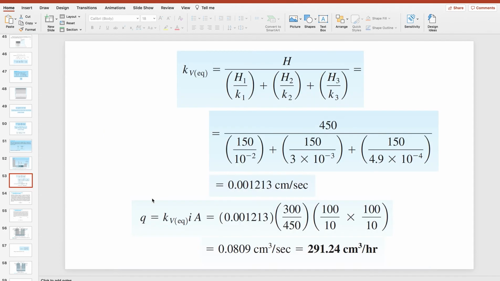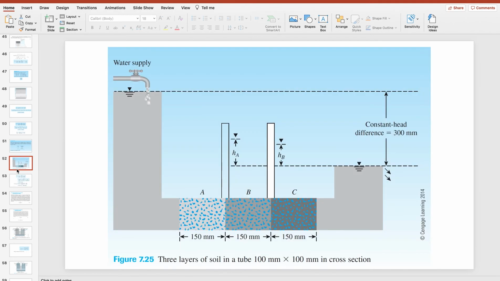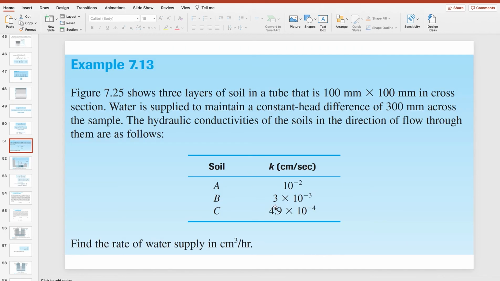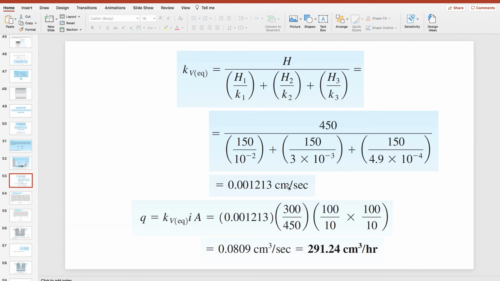So 150 divided by 3 times 10 raised to negative 3 plus 150 again divided by 4.9 times 10 raised to negative 4. Then calculate, the answer should be 0.001213 centimeter per second. Okay?